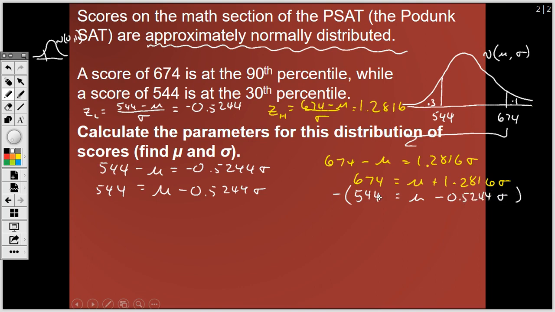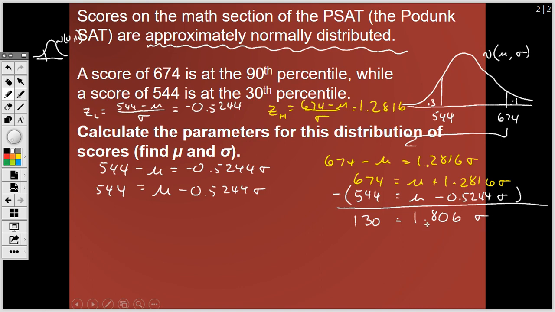Right? So it's minus this, minus this, minus this. Well, when I minus a negative, it's actually plus. And I'm going back into my calculator. I'm getting all those digits minus all the digits that I had for the other z-score. And I have 130 equals 1.80595 or 806 sigma.